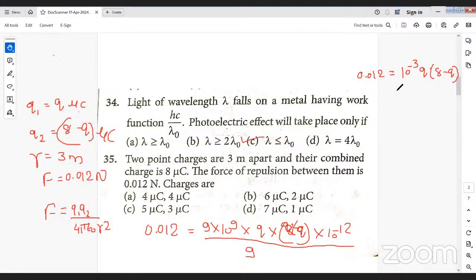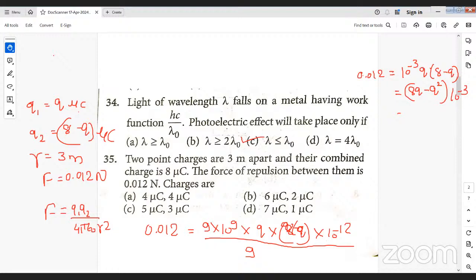Therefore this is equal to 8 into Q, 8Q minus Q into Q is Q square, and here it is 10 to the power of minus 3.